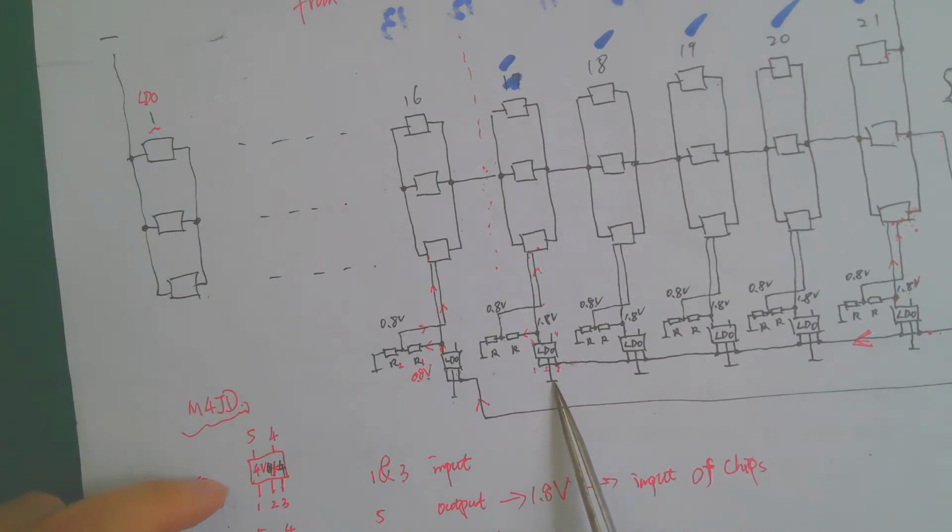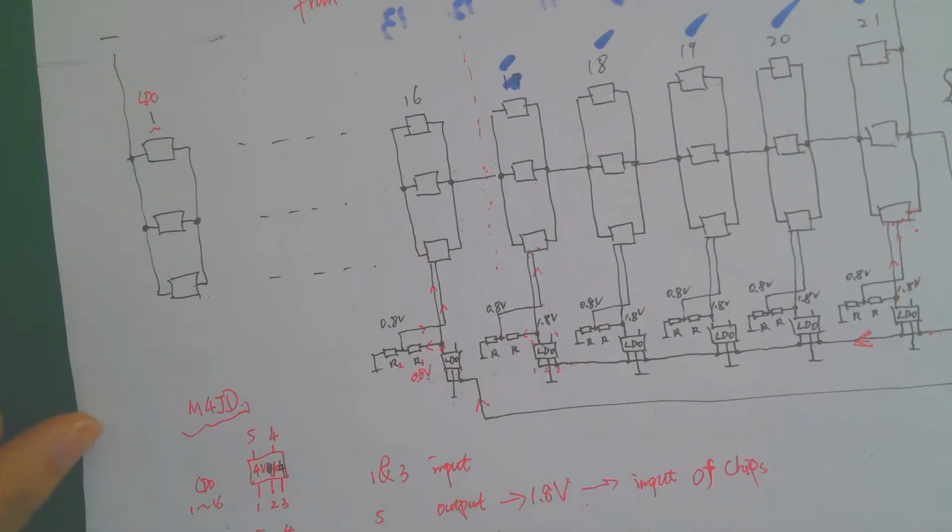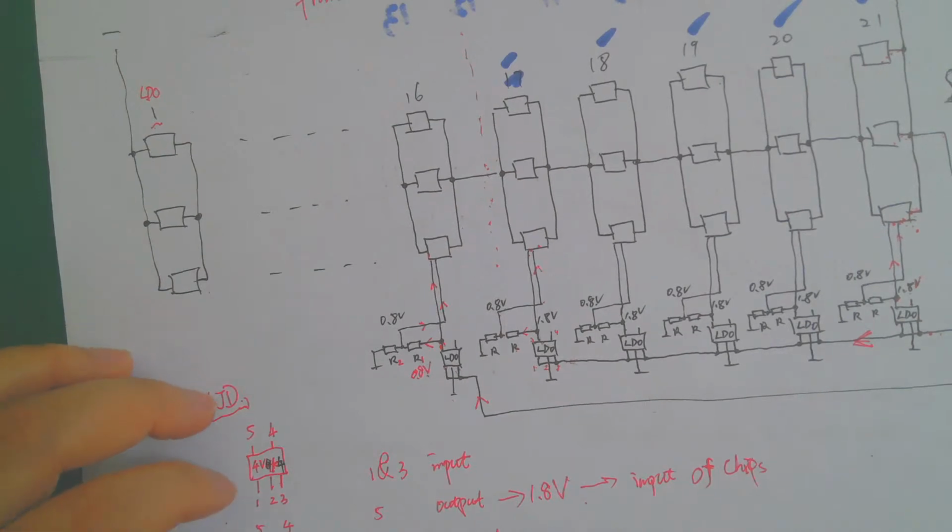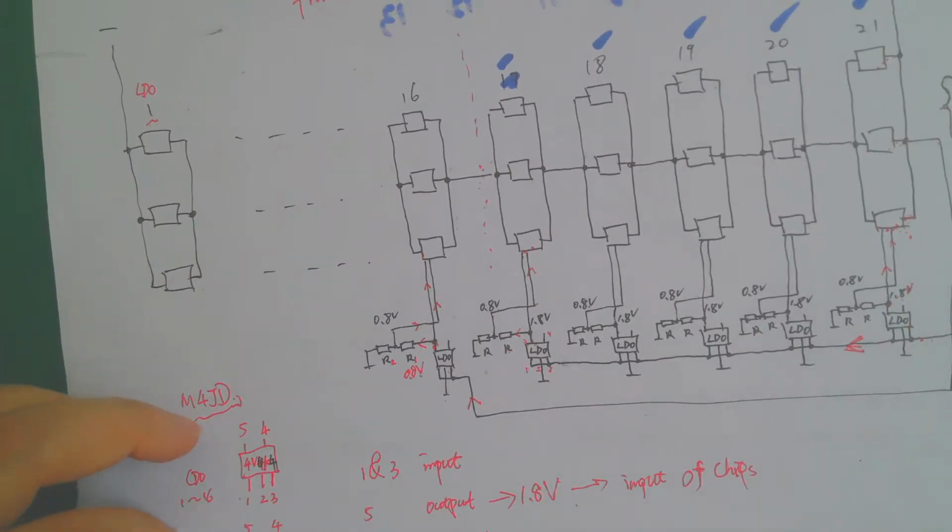Pin 2 is connected to ground, and pin 4 is disconnected. Pin 5 is the output end.